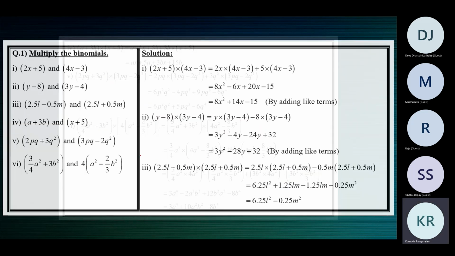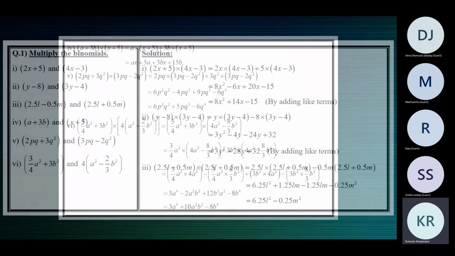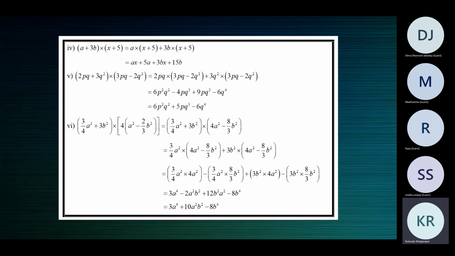So in the last one, we had to multiply 3 by 4 a square plus 3b square and 4 into a square minus 2 by 3 b square. See here, this is what we have to multiply. We were given this. We have to multiply these two.